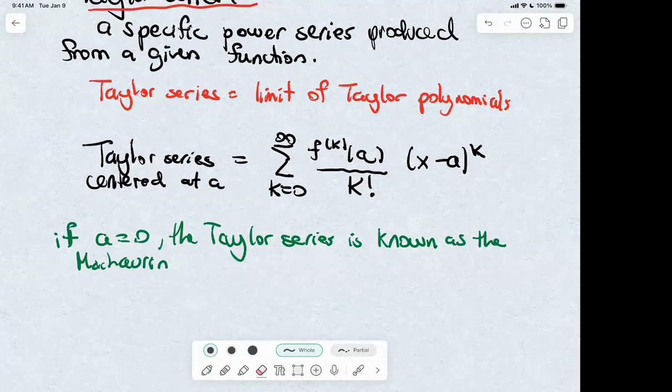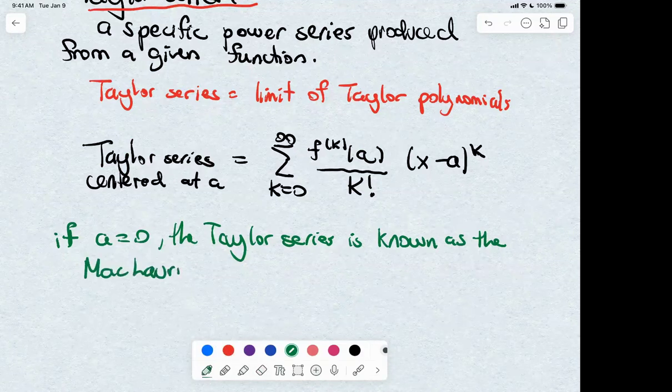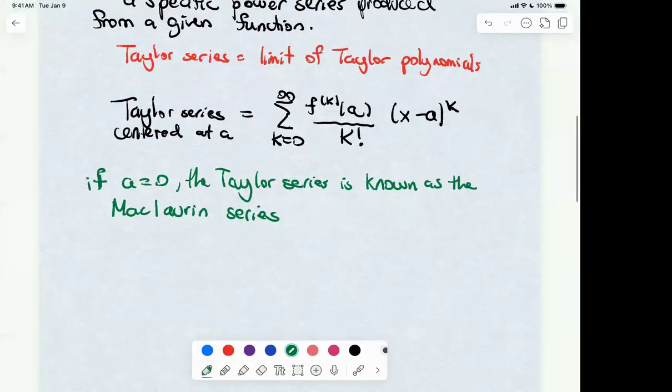Yeah, this is Maclaurin series. So it must be French, probably. Maclaurin. Oh, it's a single name. But I'll just refer to it as a Taylor series because it will be the most common case that we'll care about.